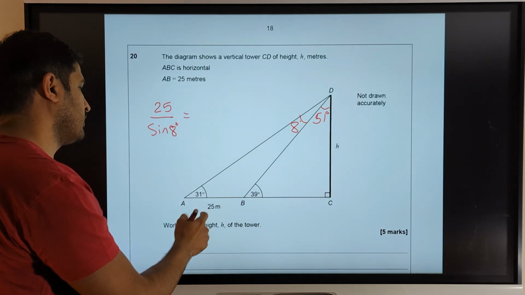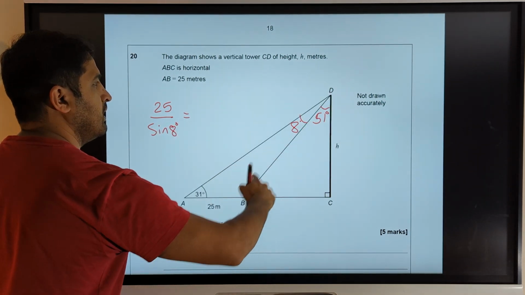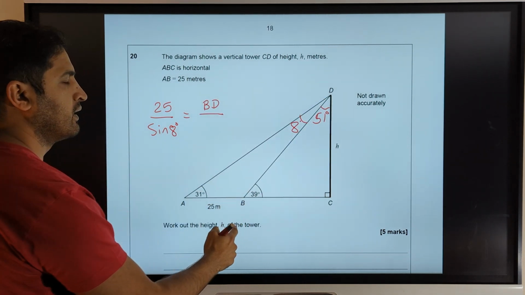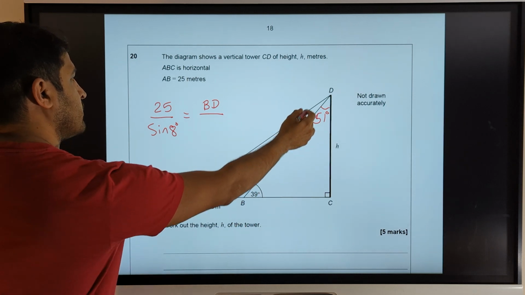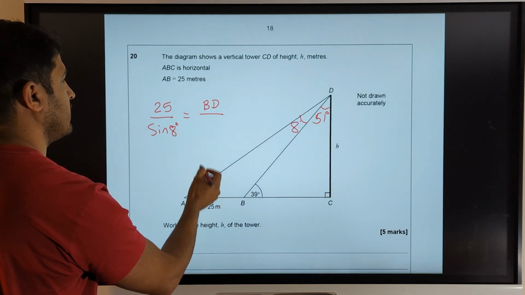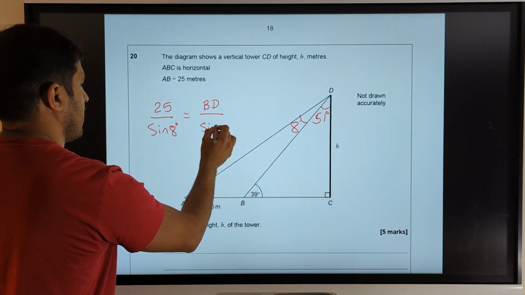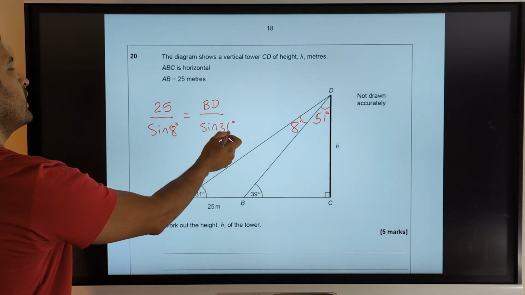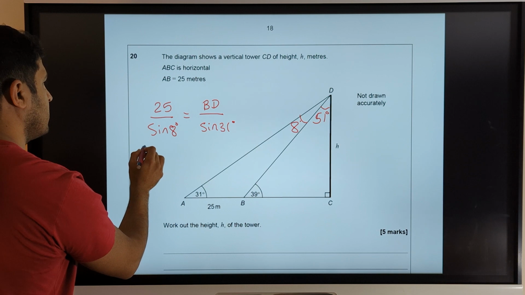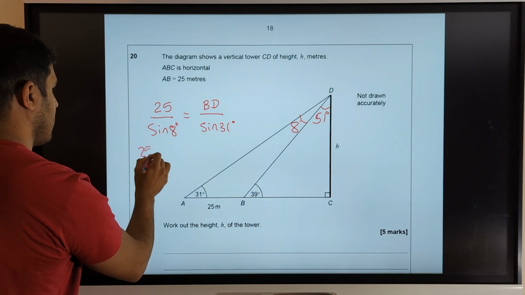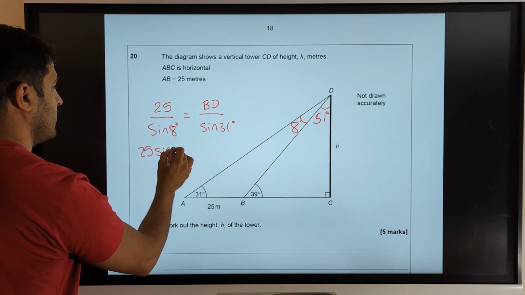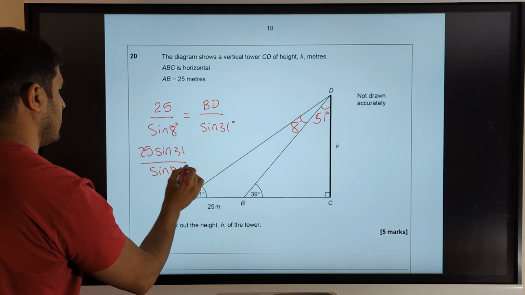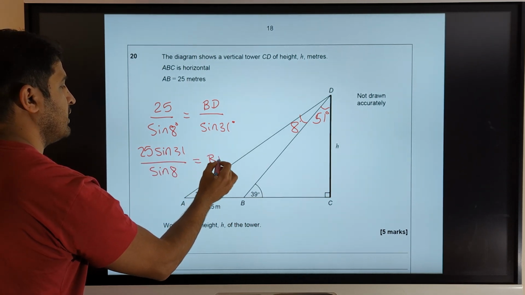That should be equal to BD, that length there, B to D, over the angle that's opposite to this length, which is that one here, 31, sine of 31 degrees. Okay. And you rearrange it, so multiply both sides by sine 31, so we get 25 multiplied by sine 31 divided by sine of 8 degrees, that gives you length BD.